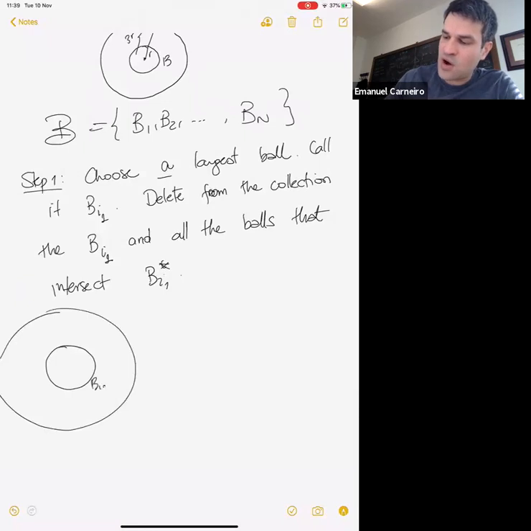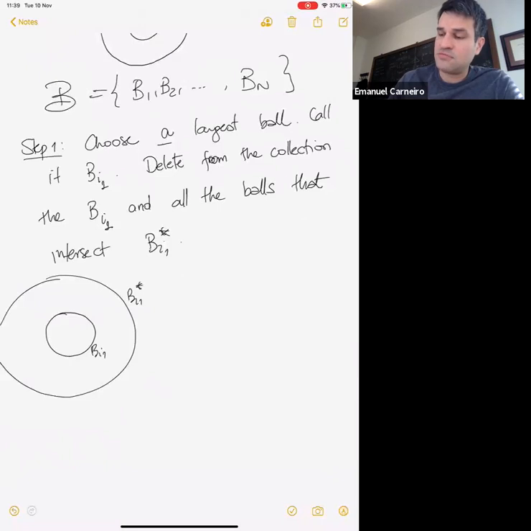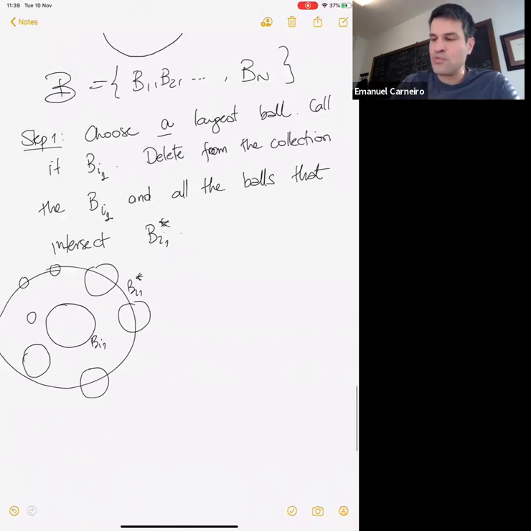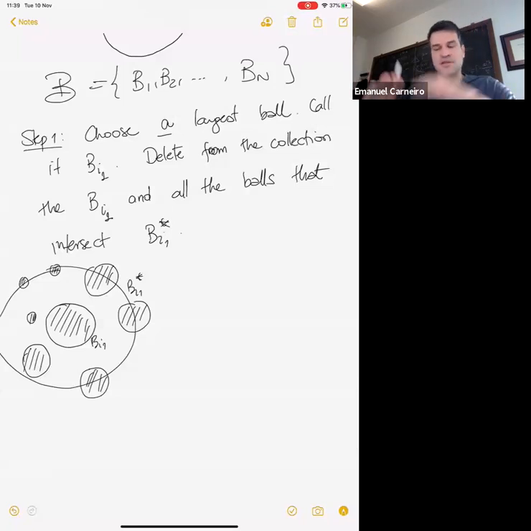This is B_I1, this is B_I1 star. There may be other balls in your collection that are intersecting this B_I1 star. So you remove this ball that you already chose, and you also remove all the balls in your collection that intersect this B_I1 star, the big ones and the small ones. If they intersect, you remove them.